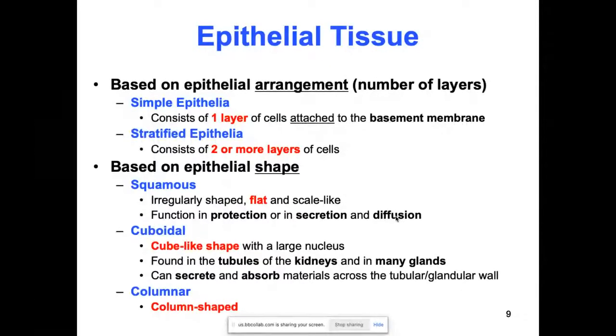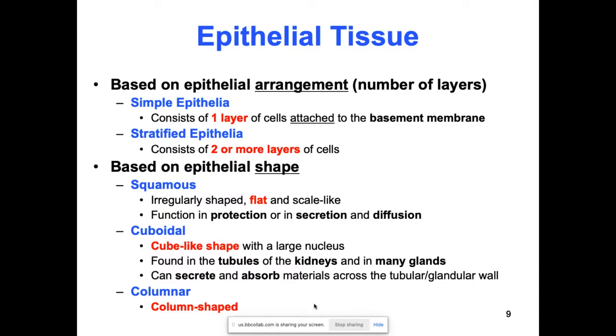Okay, so that is the squamous. Cuboidal, we're going to see these with the kidneys and the tubules in the kidneys. If you were to research a part of the kidney, the functional unit is called the nephron, the microscopic functional unit of the kidney. And the nephron has tubules.